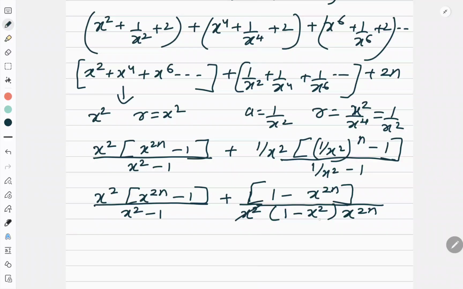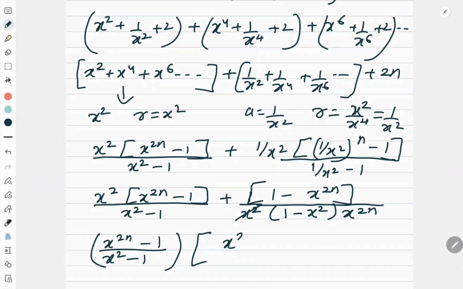Now, actually you have achieved the answer. This is the answer. But if you want to simplify it further, you can simplify it further by taking this thing common. See, if you observe, both the brackets are same. So if you take x to the power 2n minus 1 upon x square minus 1 common. So what is left?